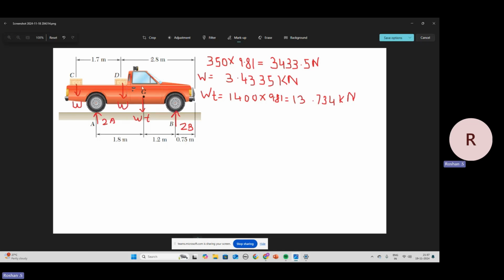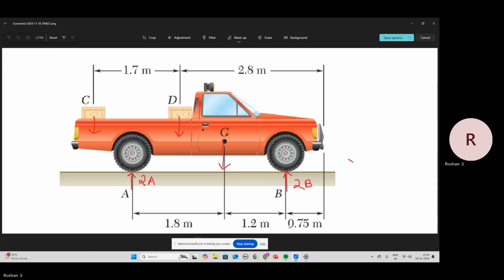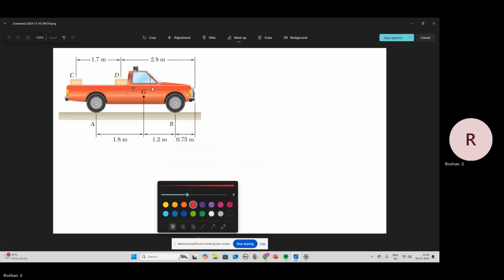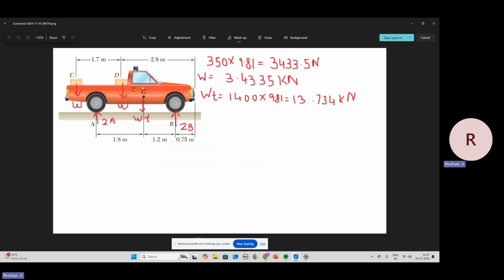Now to calculate the moment, so we know the mass of this car about the point G. We'll have to find the distance of the force C and force D. To find the moment about point B, the force WT is having a distance 1.2.